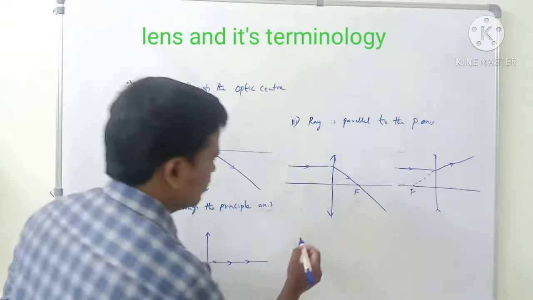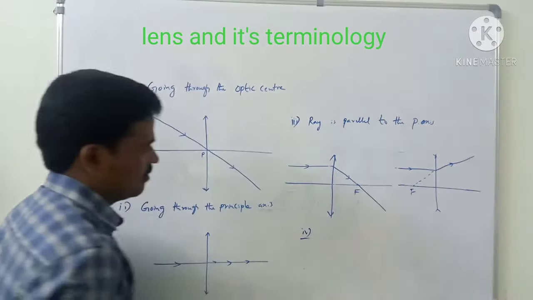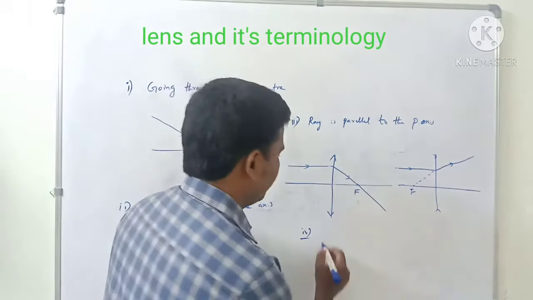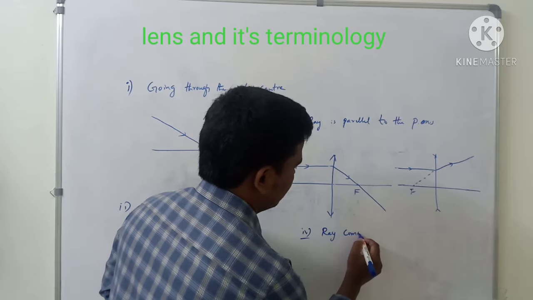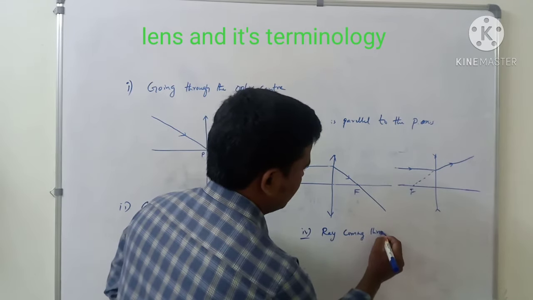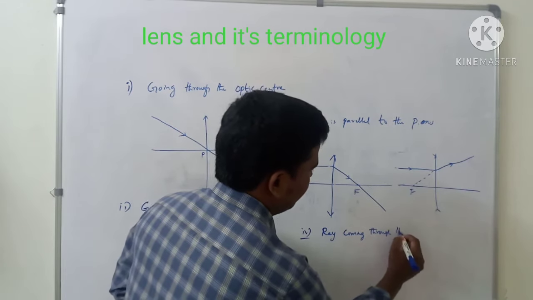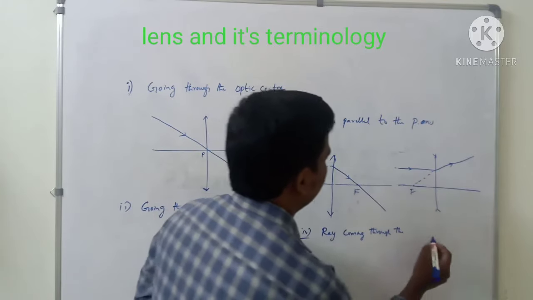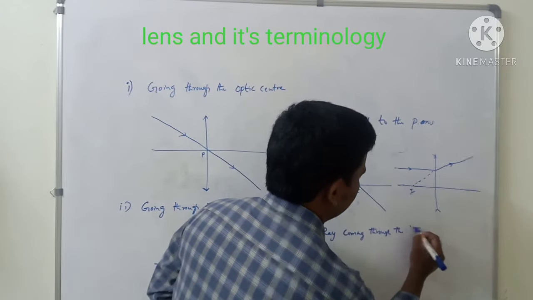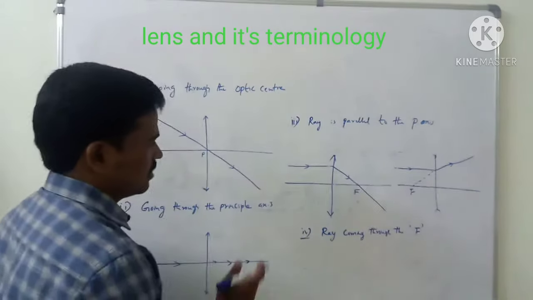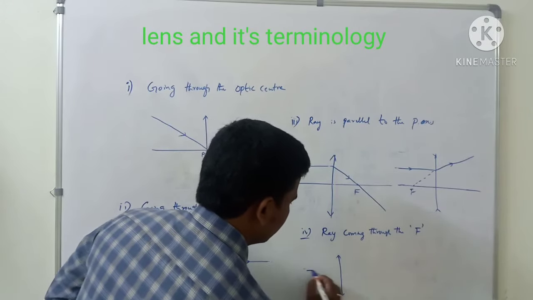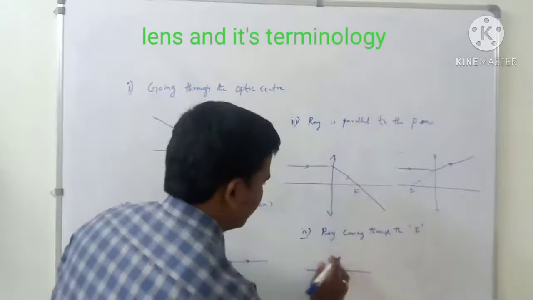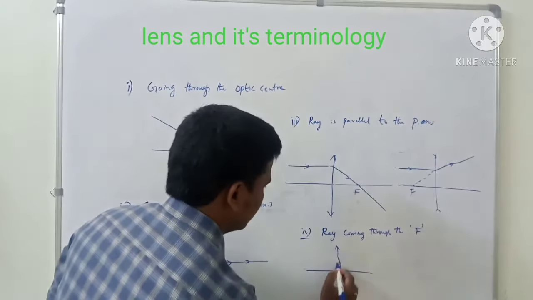Next, the fourth rule is, if the ray comes through the focus, what happens? We learn here. This is the symbol for a convex lens.